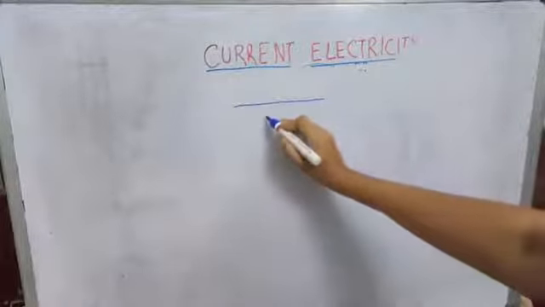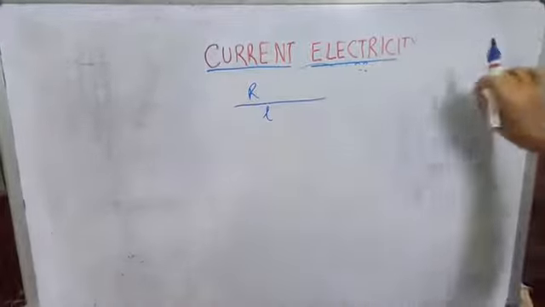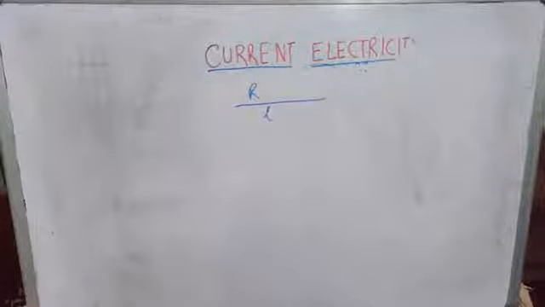Suppose you have a wire of length L and resistance R. If it is stretched to triple its length, what will be its new resistance?